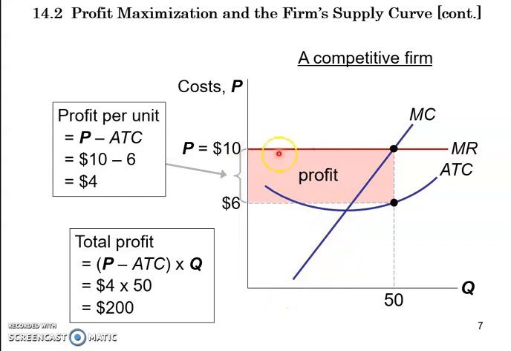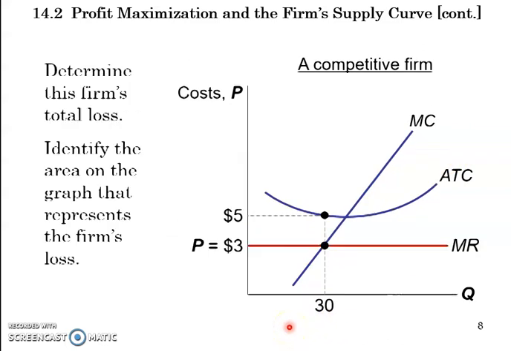When the total revenue is smaller than the total cost, we would probably guess that the price is going to be lower than ATC, the average total cost, right? So we're going to move this MR, marginal revenue, or the price line down here to be able to show an economic loss. All right, so that's what you see here.